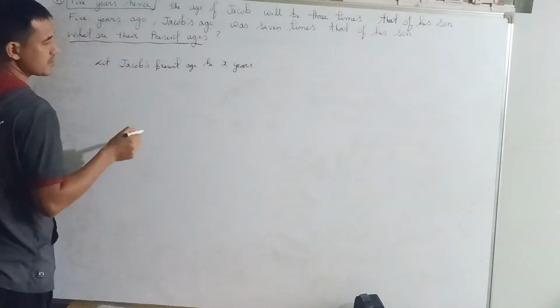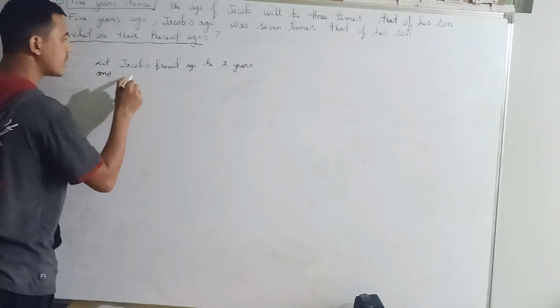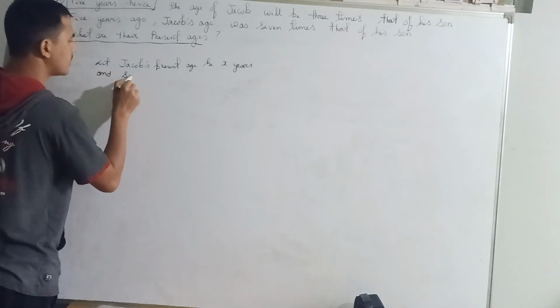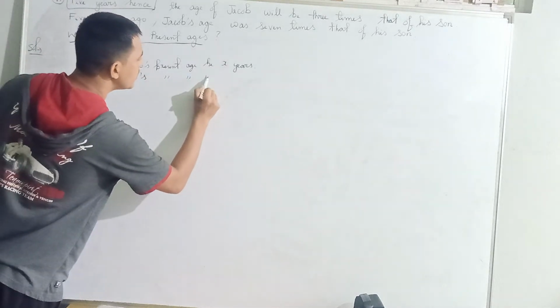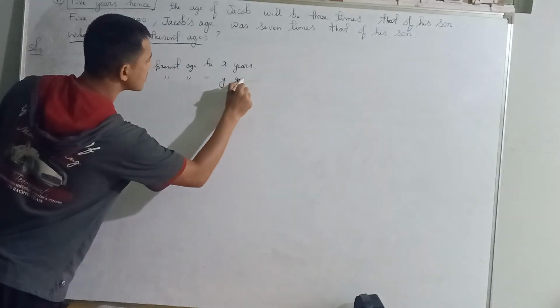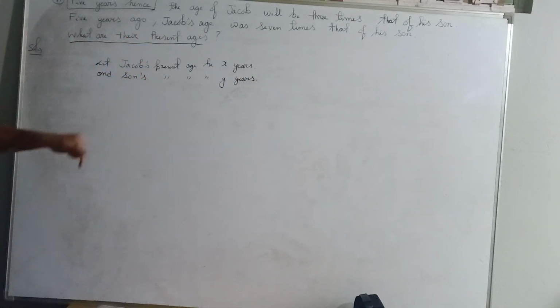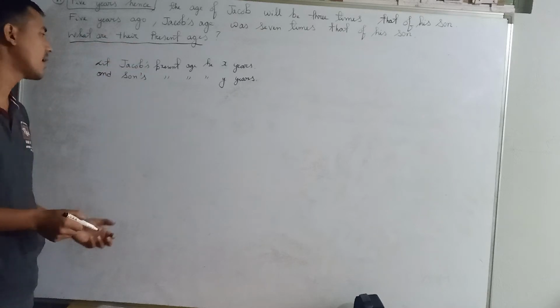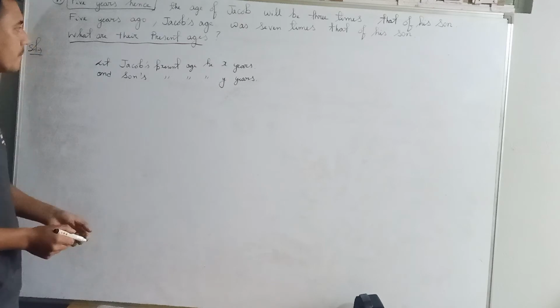And now the question is talking about his son. Let his son's present age be y years. So Jacob's age right now is x years, and his son's age right now is y years.